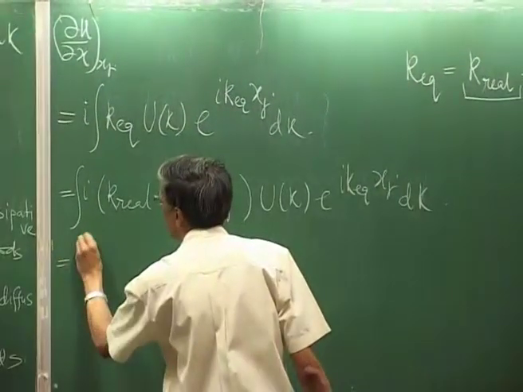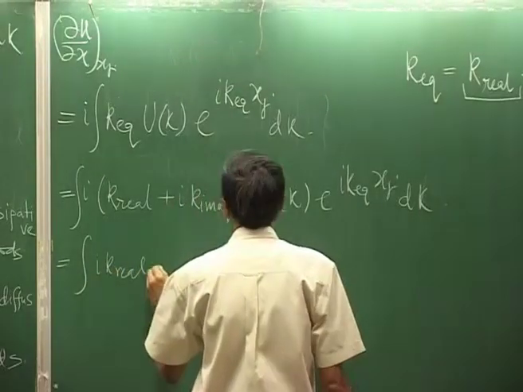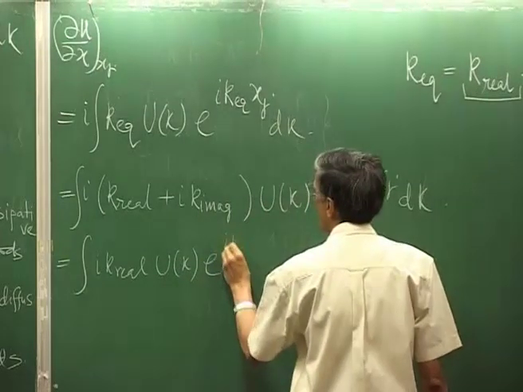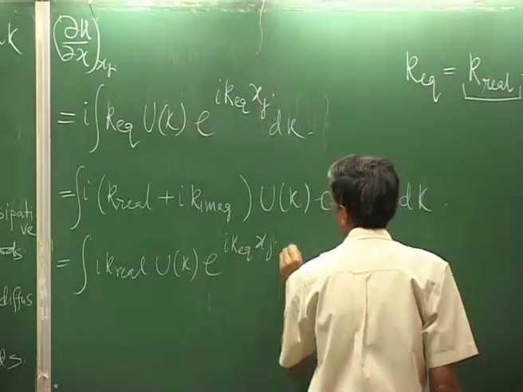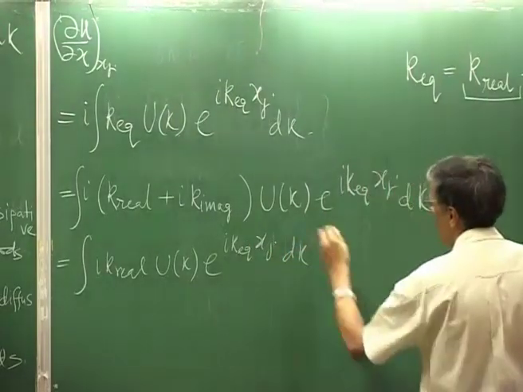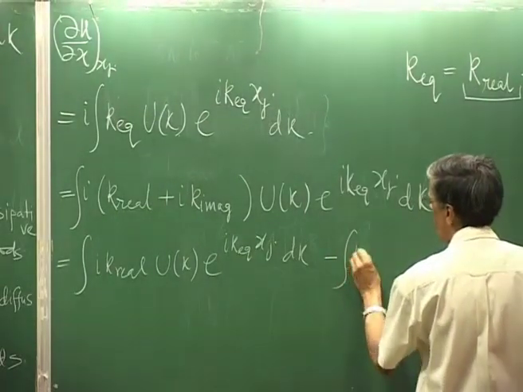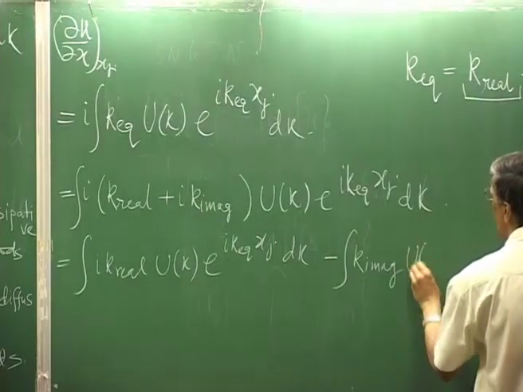This I could write as I K real U of K e to the power I K equivalent xj dk, and I will get minus K imaginary U of K.